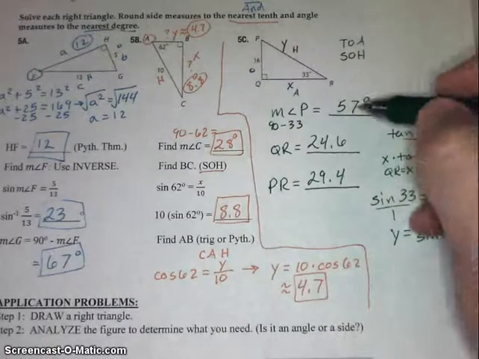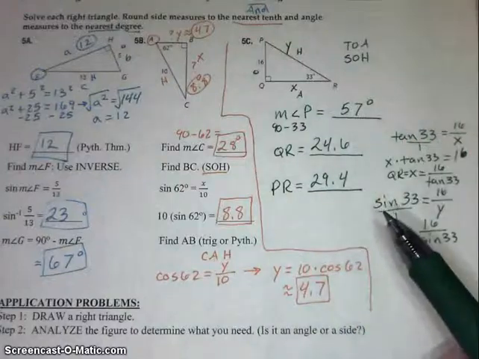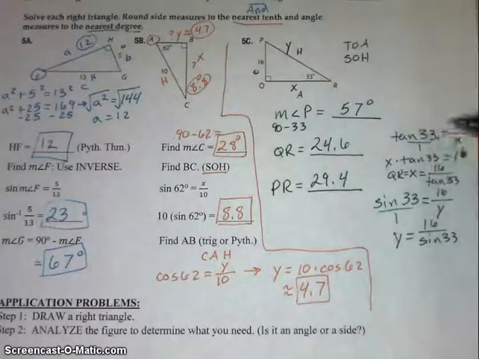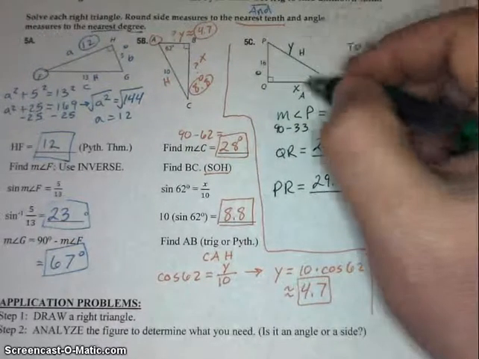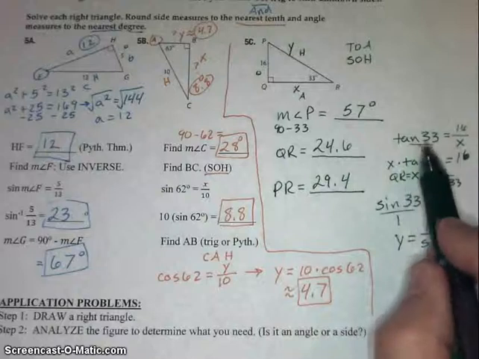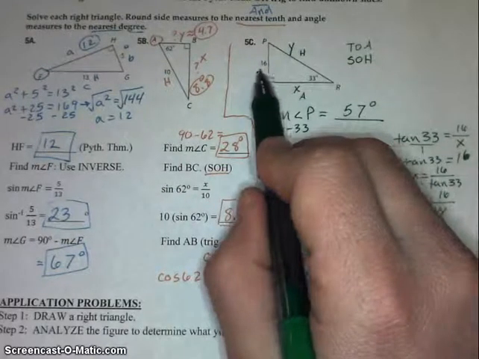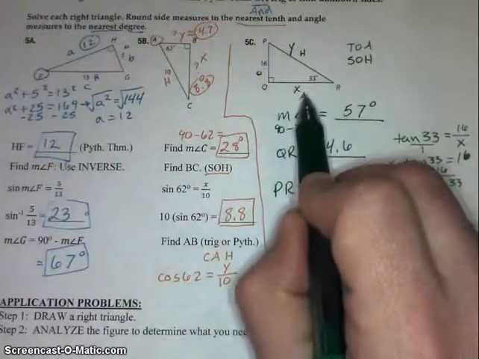All right, to find the measure of angle P, all we had to do was take 90 minus 33, and we get 57 degrees. But then I want to go back to using this 33 degree angle in my trig ratios to find QR and PR. I'm going to call QR x and PR y, and I'll find x first. So I set up this ratio first, and I know it has to be tangent because 16 is the opposite leg length from the 33 degree angle, and I'm looking for x, which is the adjacent leg.